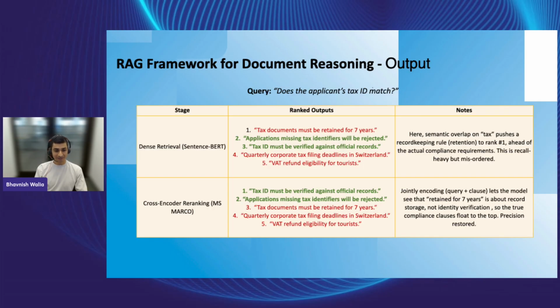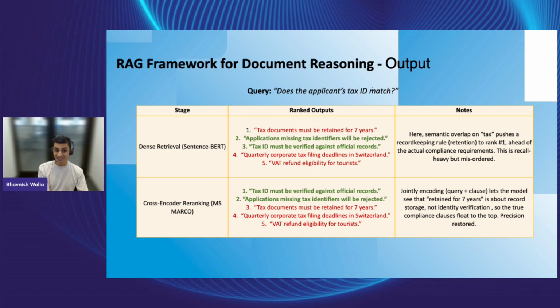All right, this is an example that I've sort of covered in the prior slide, but I just want to make sure about how I talked about this. There were 5 queries that were extracted. "The tax document must be retained for 7 years" was the first query that was extracted, and the fifth one was VAT refund eligibility for tourists. What the cross-encoder has now done is pull out the relevant ones, highlighted in green, to the top, and the ones that are not too relevant are pushed to the bottom.